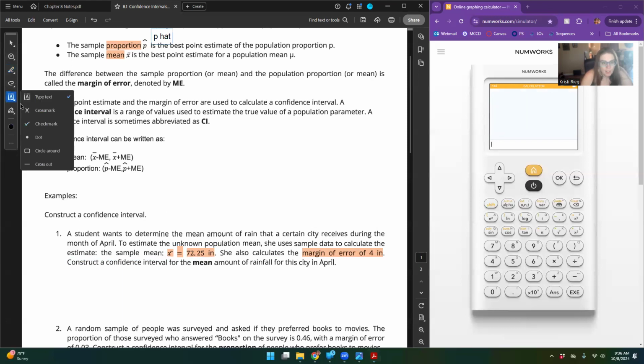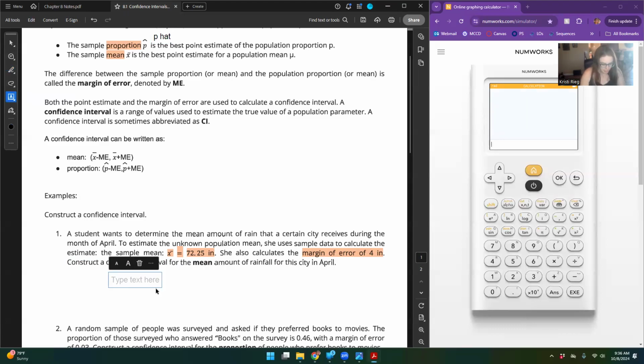Using the formula above, we have a parenthesis because it's an interval, just like an interval from algebra. And we know that this is 72.25 minus 4, all the way up to 72.25 plus 4, because 72.25 is our X bar. And then we're going to subtract and add 4 for our margin of error.